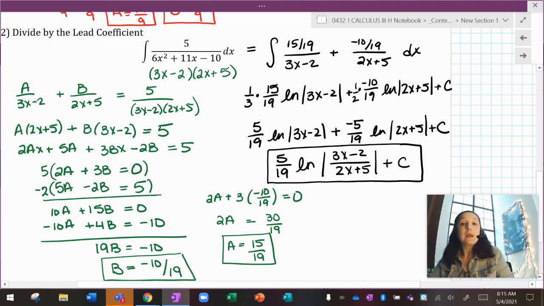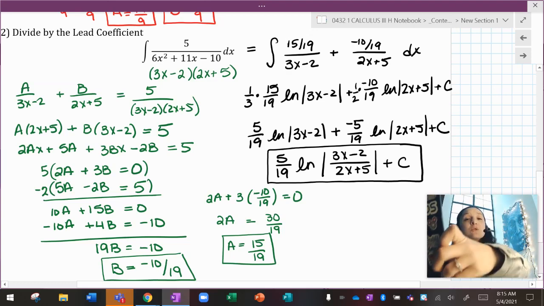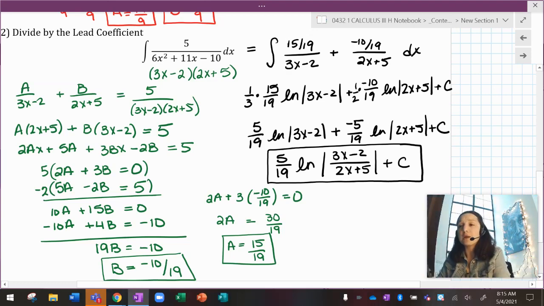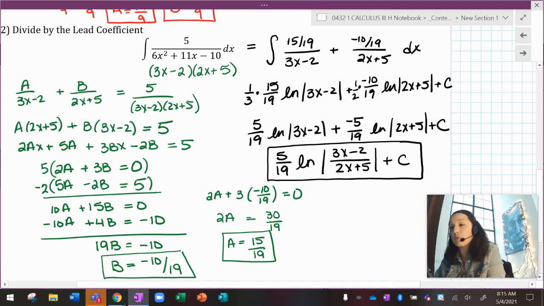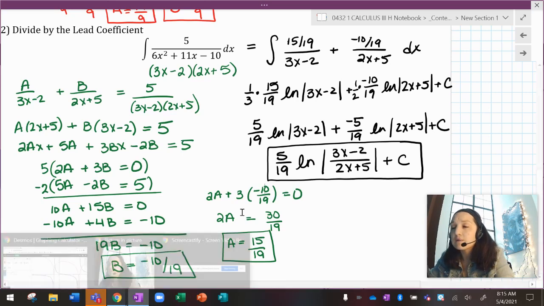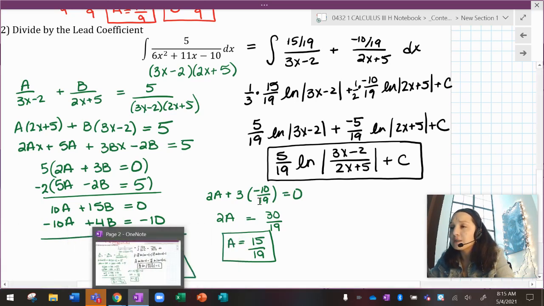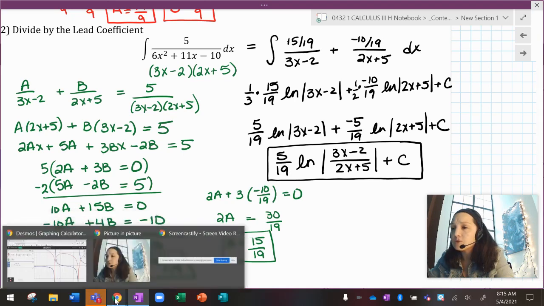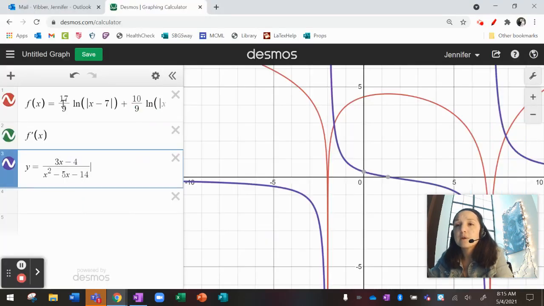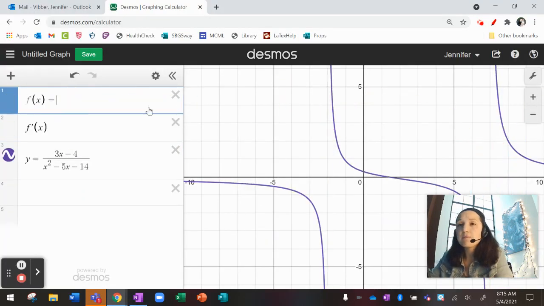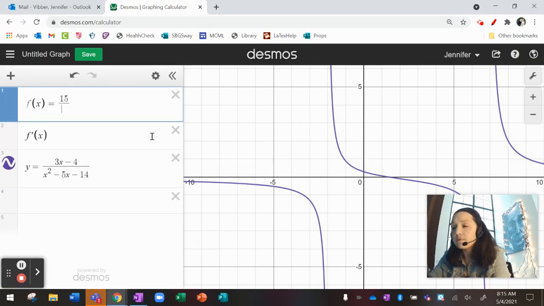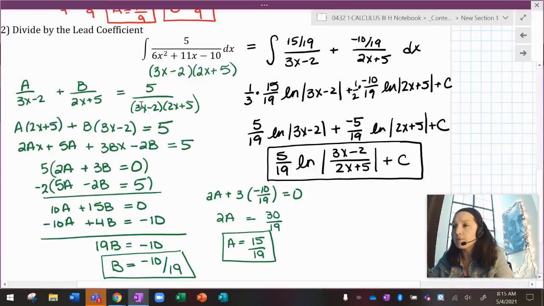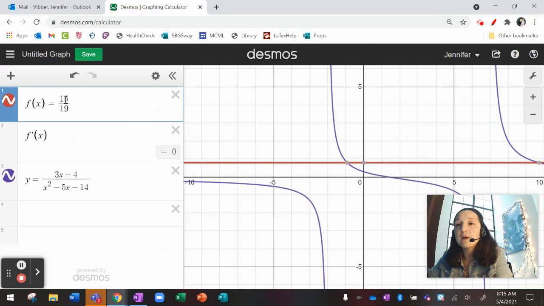Woohoo! Now, I did all this while making a video without the answer key next to me, so let's check to see if I got the right answer. And goodness gracious, do I really hope I did. So if I go back and do my Desmos thing again, the nice thing is I've already got it set up. So 15/19, 3x minus 2 over 2x plus 5. So we're going to take this and say I have 15/19, right? Was it, no, not 15, 5/19.